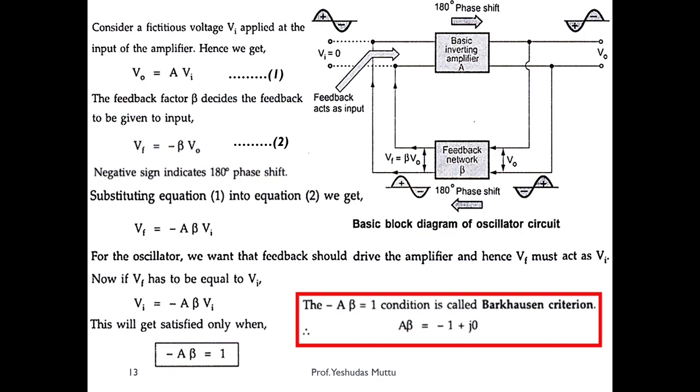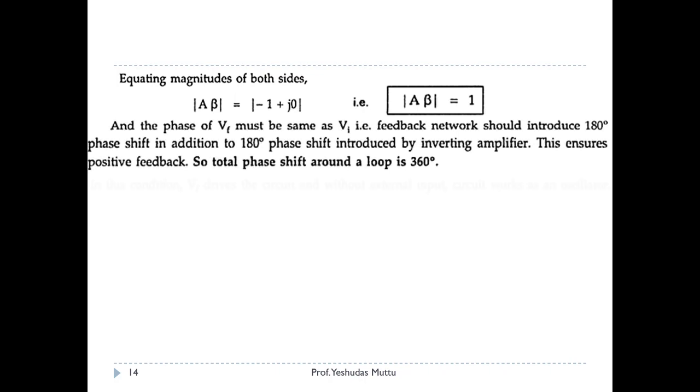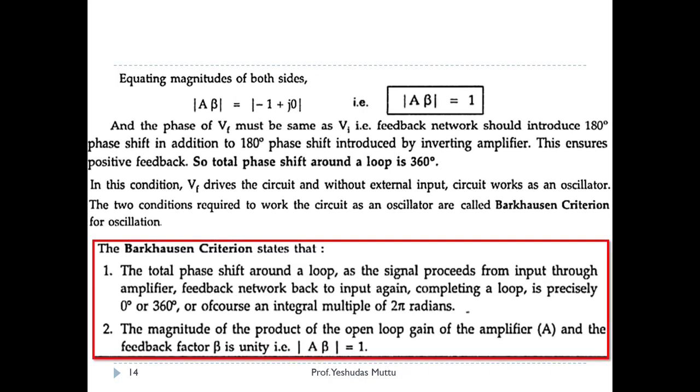First, magnitude of A beta should be 1. Second, the total phase shift in the loop should be 360 degrees, which is equal to 0 degrees. So Barkhausen criterion states that the total phase shift around a loop should be 360 degrees or 0 degrees, and the magnitude of the product of open loop gain and feedback factor should be unity. I hope this is clear to you all.